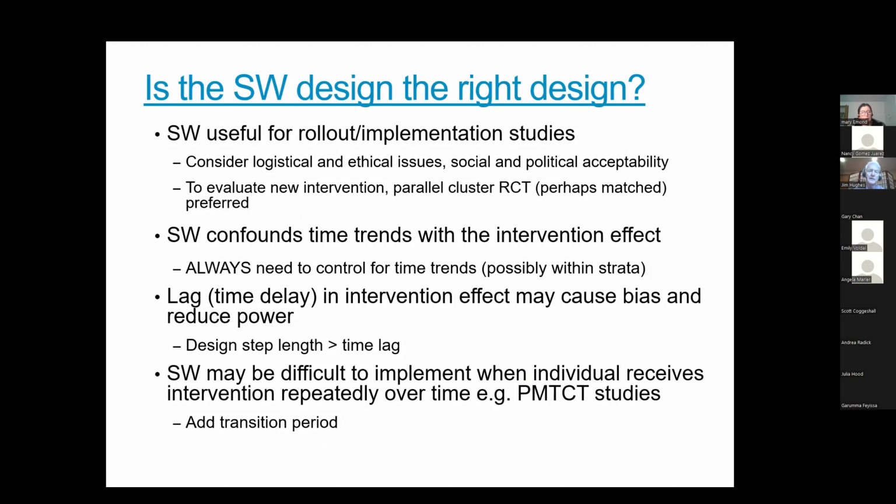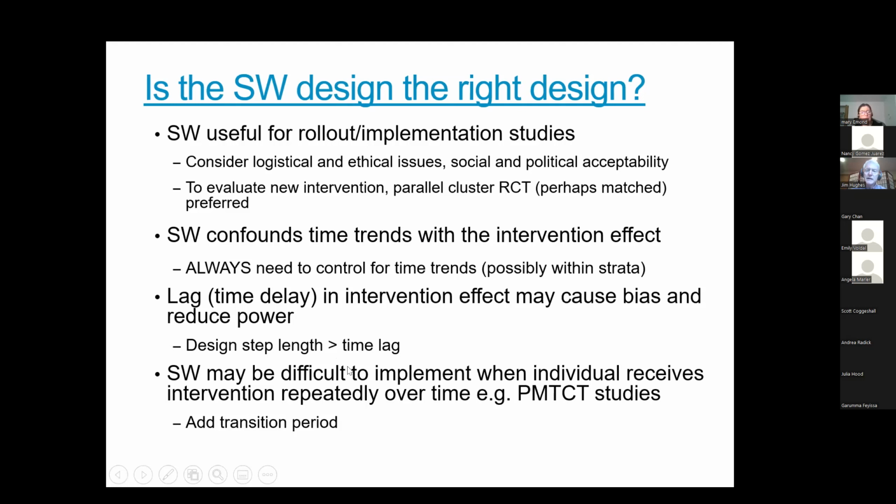It's more of a design of last resort in some sense. You have this confounding of time trends with intervention effects, so you always need to control for time trends. And this issue that I've brought up about lags in the intervention effect can cause bias as well as reduced power.